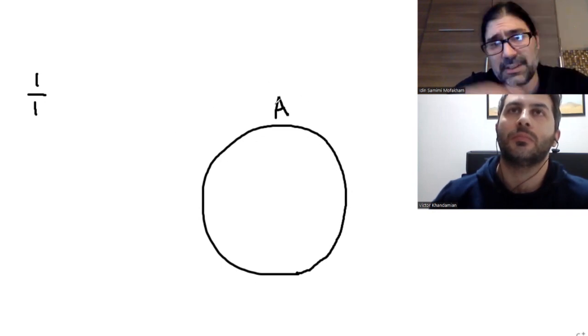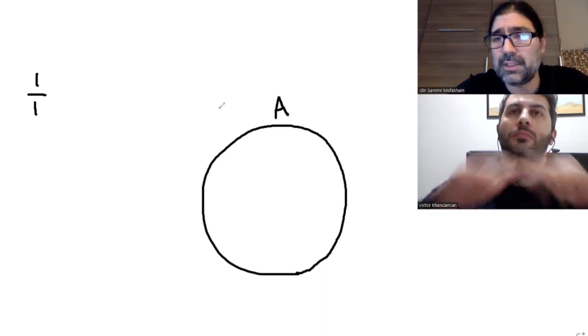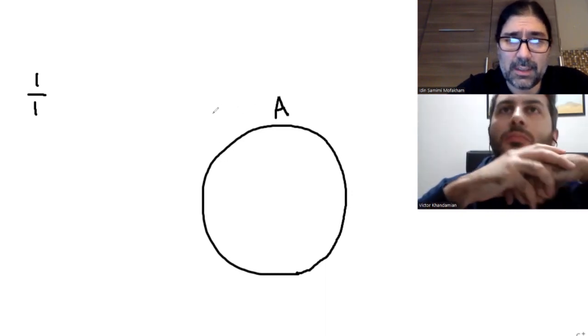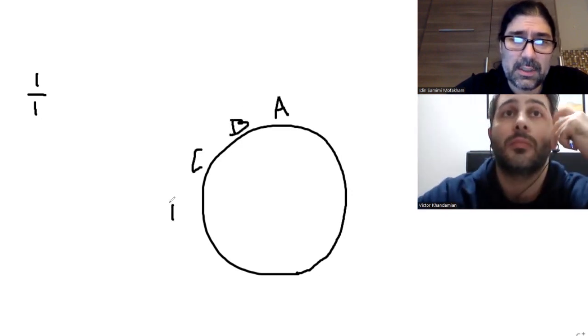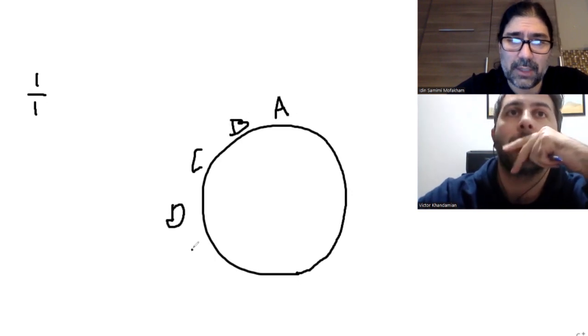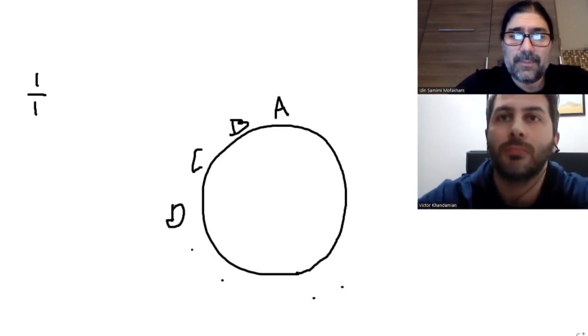So he has 17 alphabets around this circle. So it's A, B, C, D, and so on.